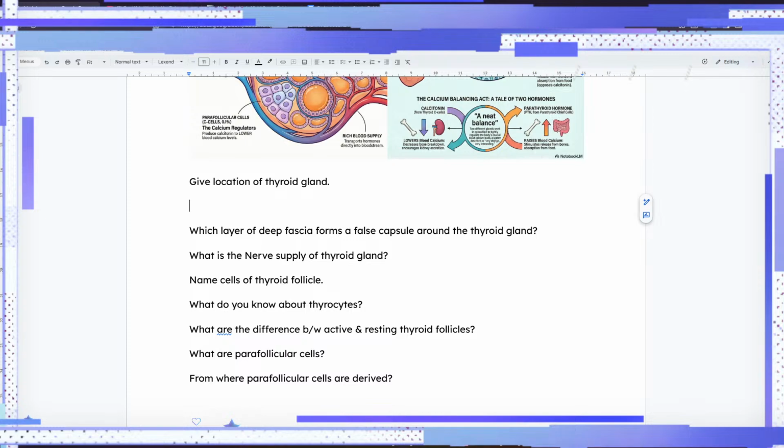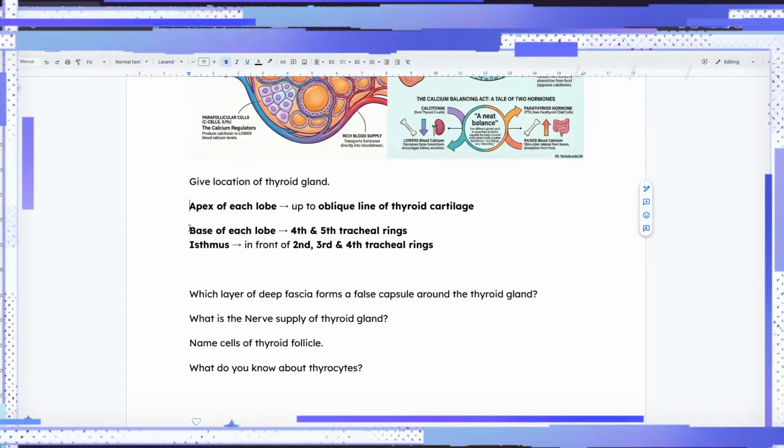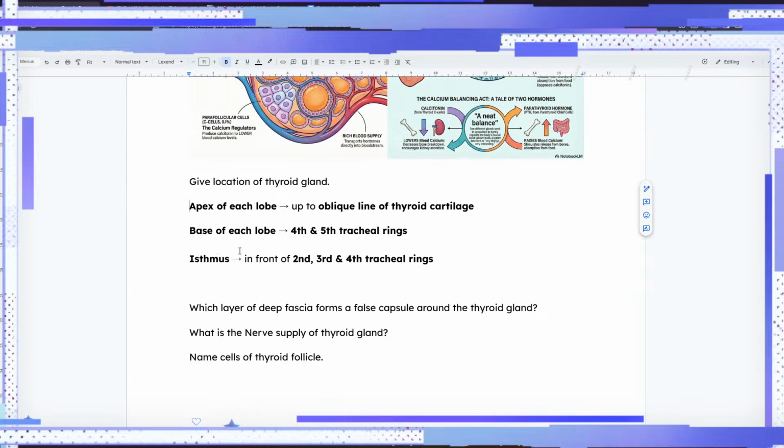Very, very specific points that he wrote down. You need to know these points. Fair enough.